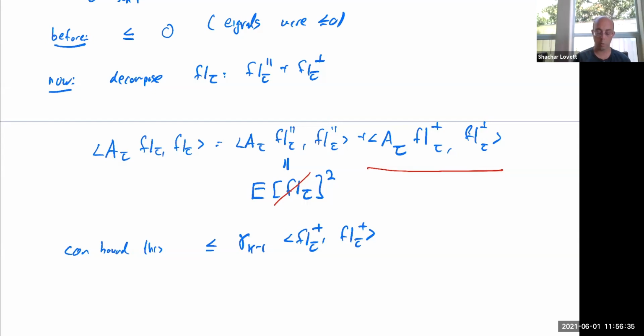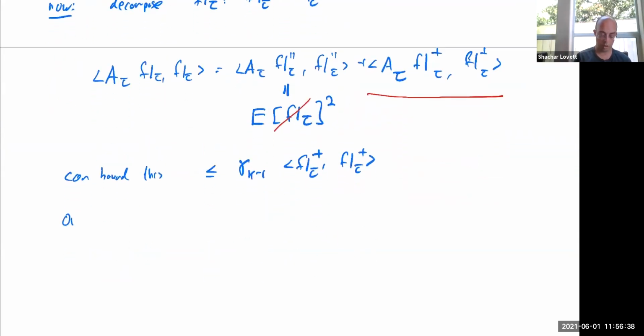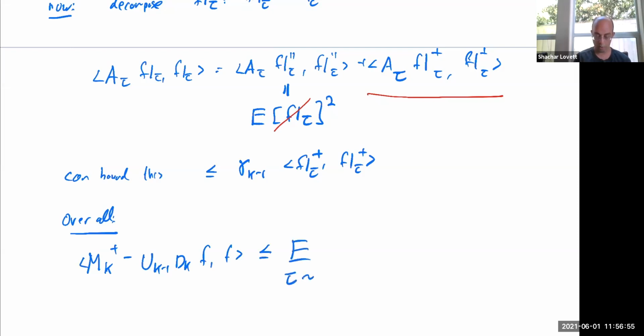So overall, when we put this together, what did we get? We got that mk plus minus uk minus 1 dk ff is smaller than the average over tau from k minus 1 faces of gamma k minus 1 times f restricted to tau perpendicular, inner product with f restricted to tau perpendicular.